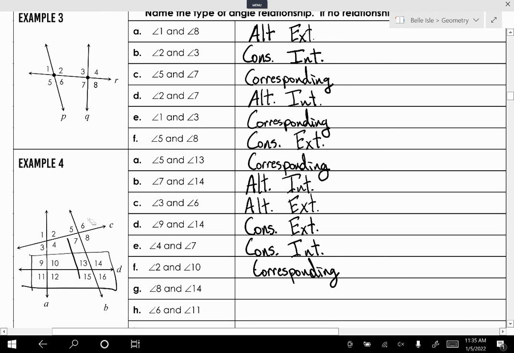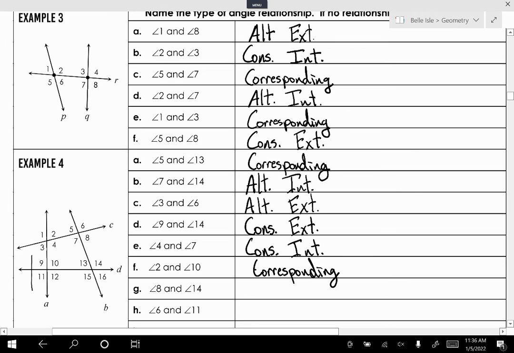If it makes more sense to visualize it being up and down, then 14 is an exterior when you're looking at transversal D. If you're looking at transversal B, it's an interior. So in the case of 7 and 14, it would be AI. Yes.